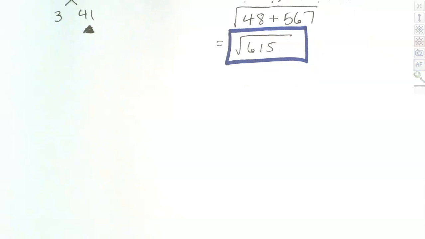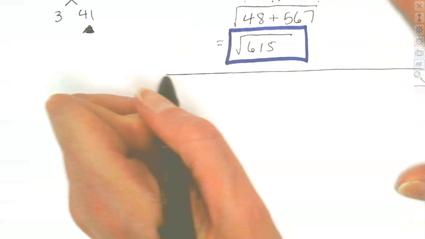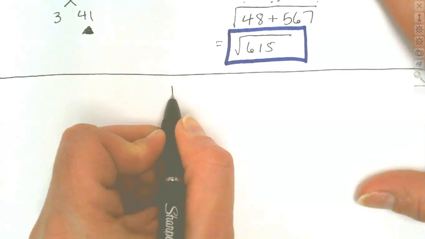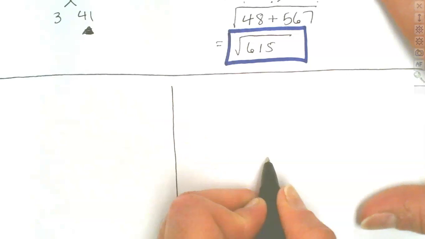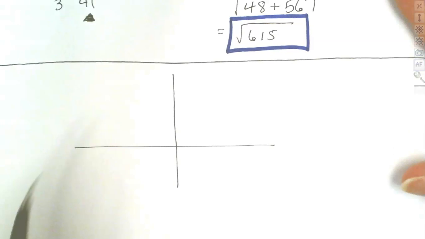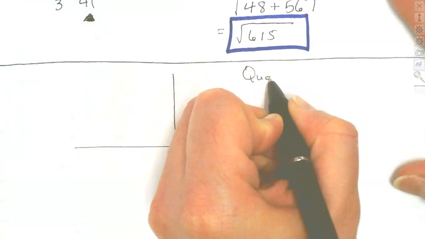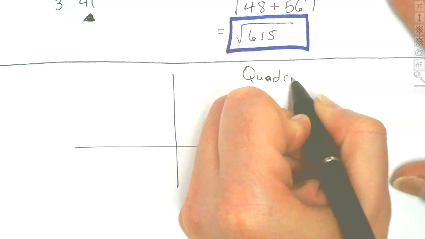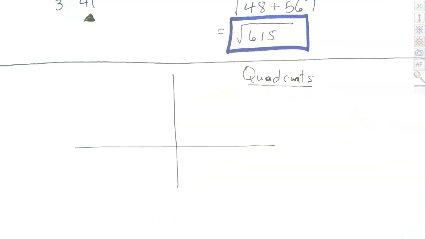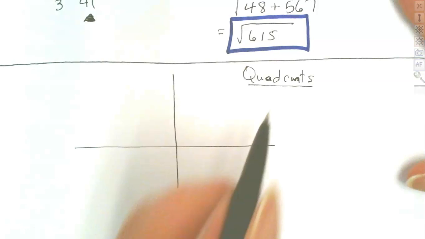So now let's go ahead and talk about the quadrants in a little bit further detail. So let's now look at our graph again, and let's talk about our quadrants. And we're going to talk about our quadrants here in a little bit more detail.